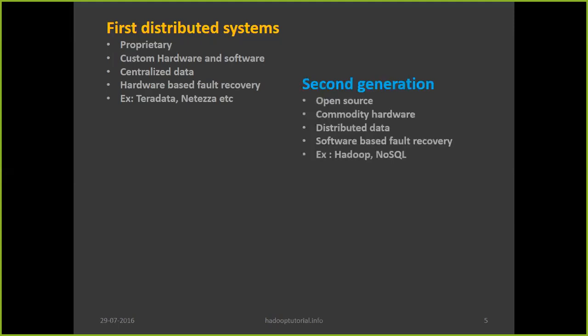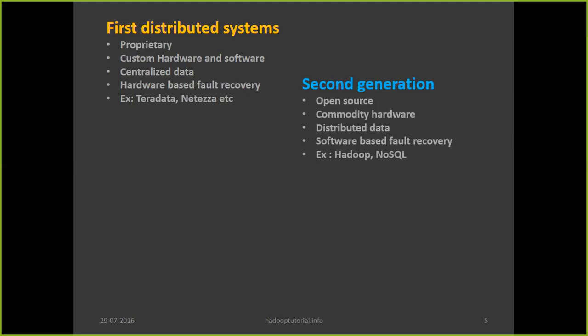And second generation distributed systems, if you talk about Hadoop and NoSQL databases, we can consider into that. These are open source, so cost saving. They can run on commodity hardware also, and they can scale up to some terabytes, even petabytes as well.